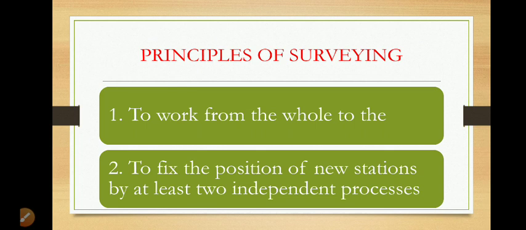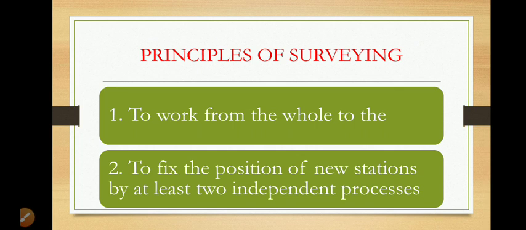Next, principles of surveying. The major principles of surveying are two. One is to work from the whole to the part, and the second is to fix the position of a new station by at least two independent processes.